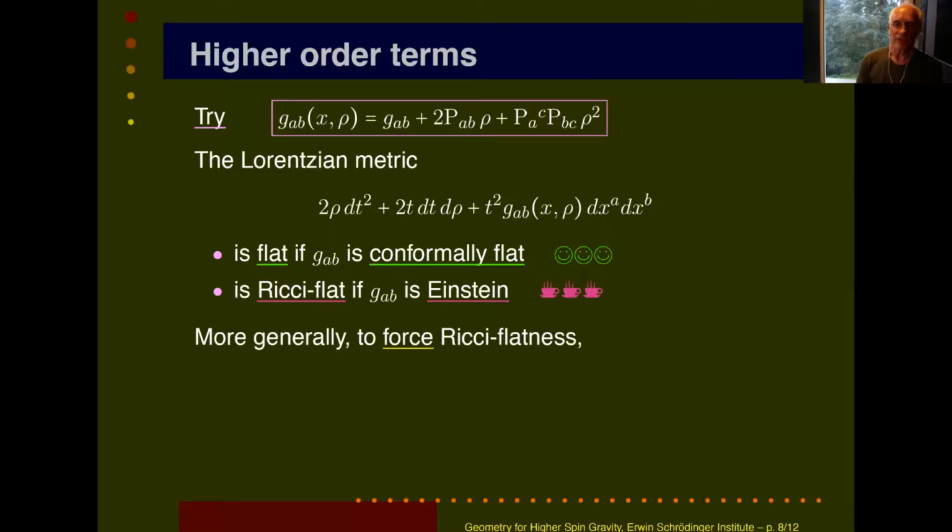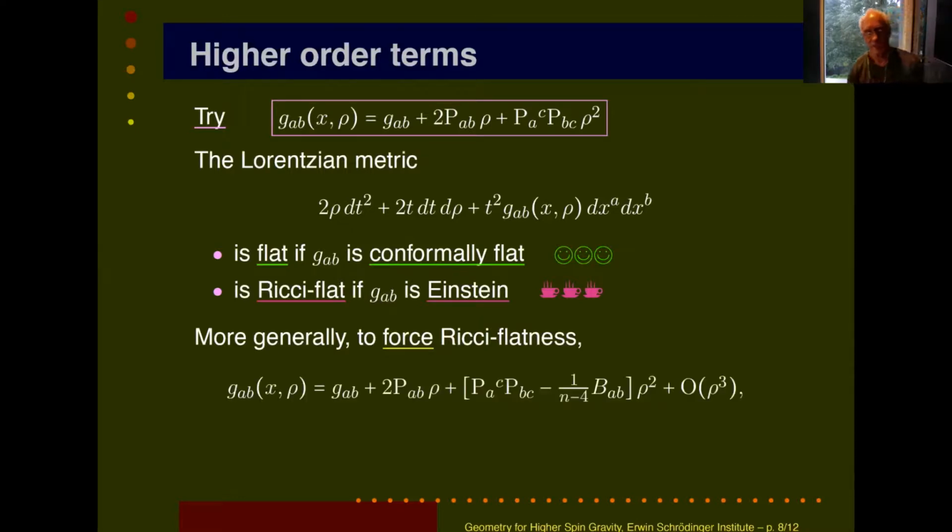But more generally, if you look at the second order terms, we've already got a couple of nice things happening with this particular choice. But if you try and just force Ricci flatness, then again, a mindless calculation, you'll find that this is what happens. You see the terms that we've got before. We've got the Shortened tensor at first order, its square at second order, and then another factor.